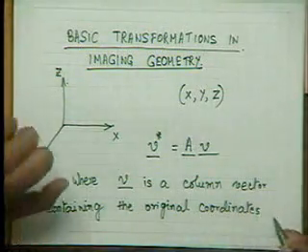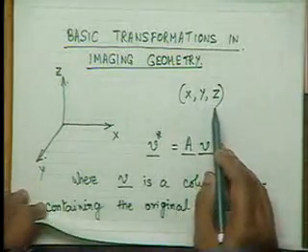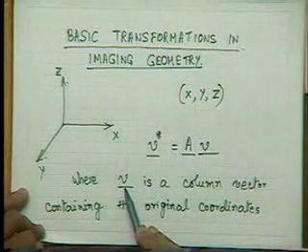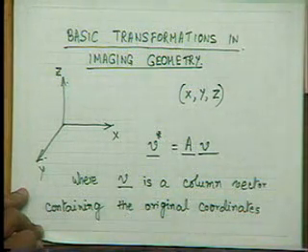Now, the original coordinates, as I already said, are capital X, capital Y, capital Z. But in this column vector V, I am introducing one more element.